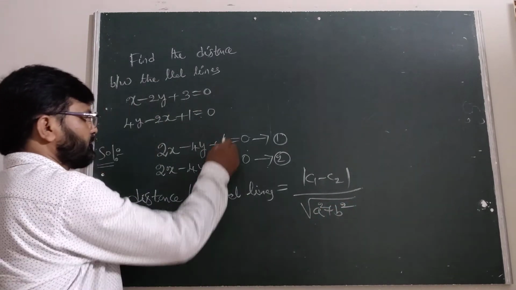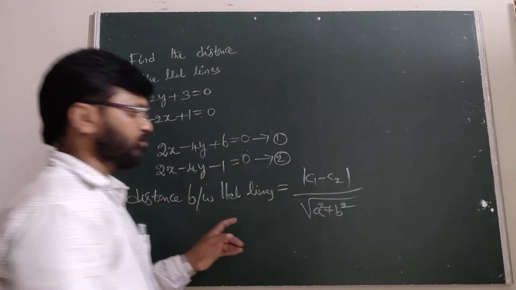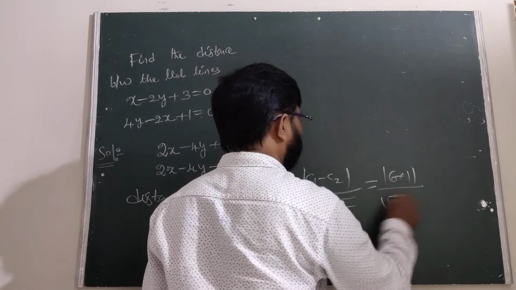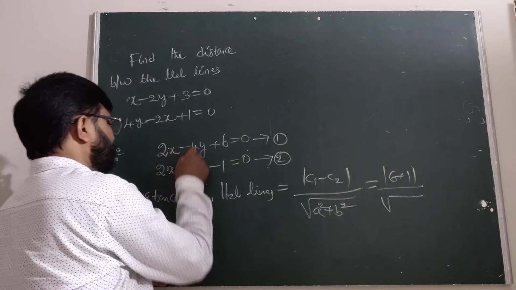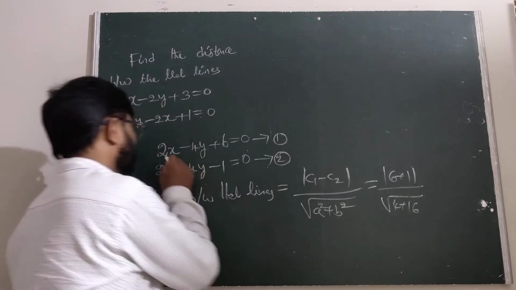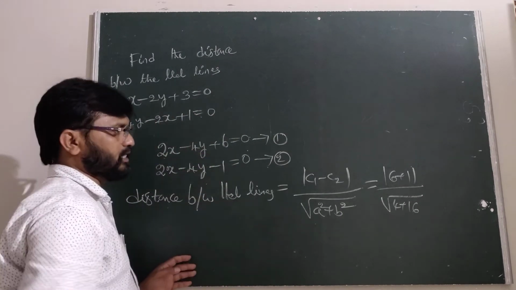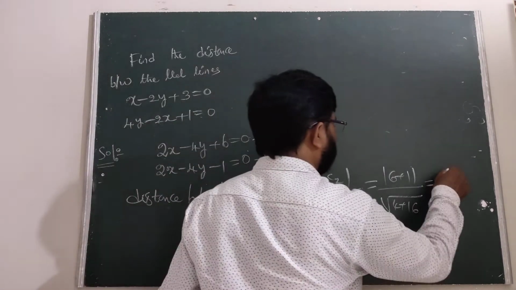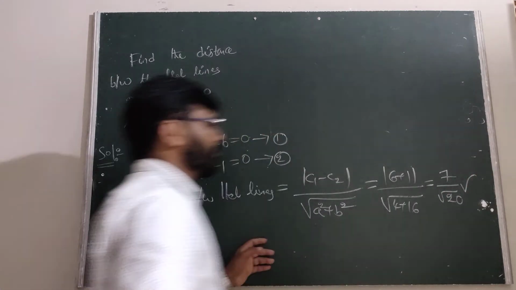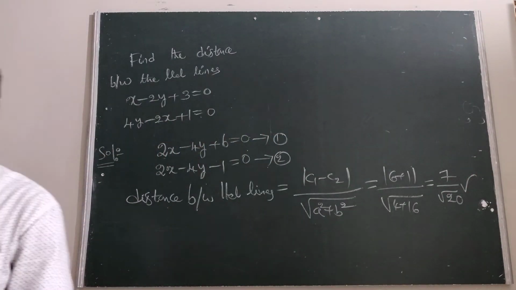That is 6 minus of minus 1, which is 6 plus 1, upon root of a square plus b square, which is 4 plus 16, where a square is 4 and b square is 16. Now this can be written as 7 by root of 20. 7 by root of 20 is the answer.